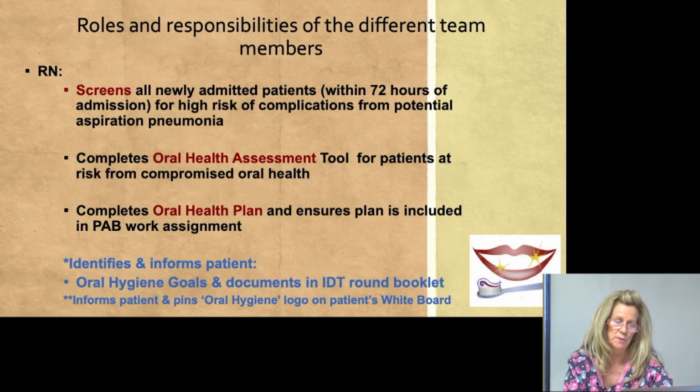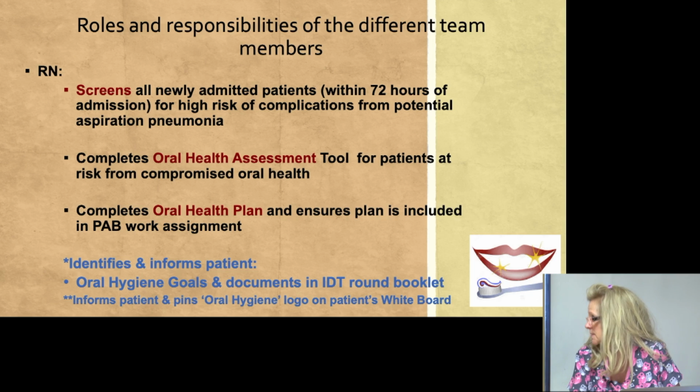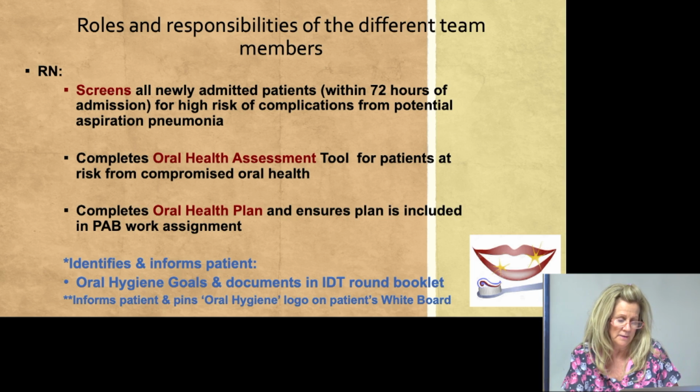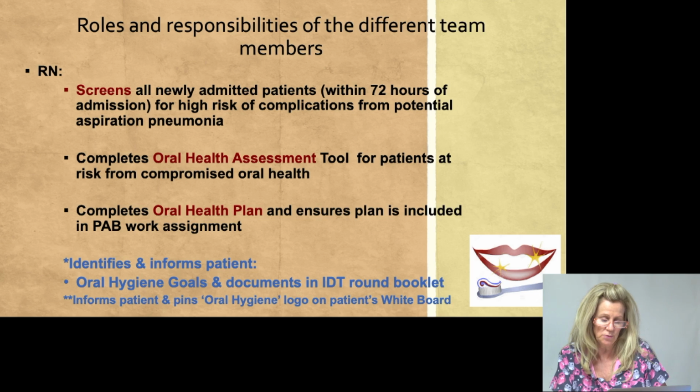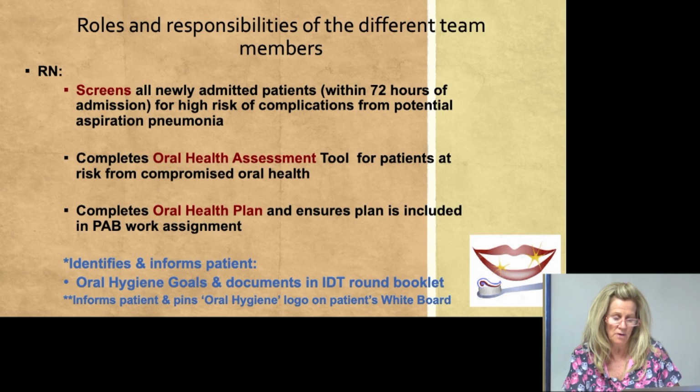Here are the roles and responsibilities of the different team members. The RN screens all newly admitted patients within 72 hours of admission for high risk of complications from potential aspiration pneumonia, completes the oral health assessment tool for patients at risk for compromised oral health, and also completes the oral hygiene plan, which is included in the PAB work assignments.